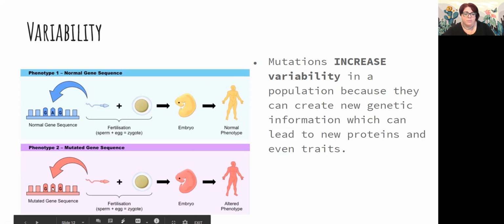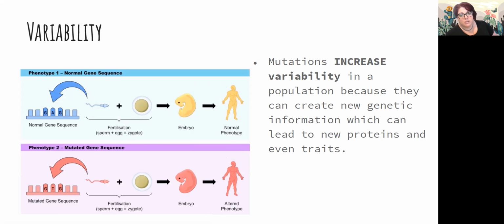But if you have a mutation in that sequence and go through the same process, you may get a different phenotype. So this means you've basically made new traits or new phenotypes that exist. And so for that reason, we consider mutation to be something that increases variability in a population.